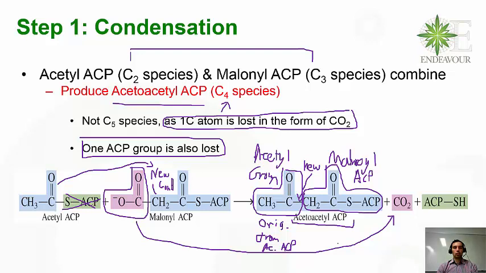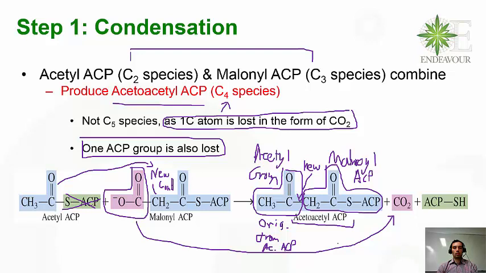So what is actually happening in this first reaction of the lipogenesis cycle? Essentially, the acetyl ACP and the malonyl ACP are coming together to form a new compound called acetoacetyl ACP.